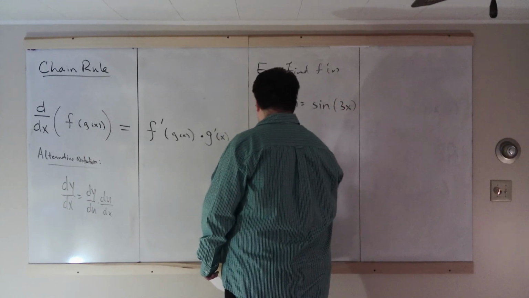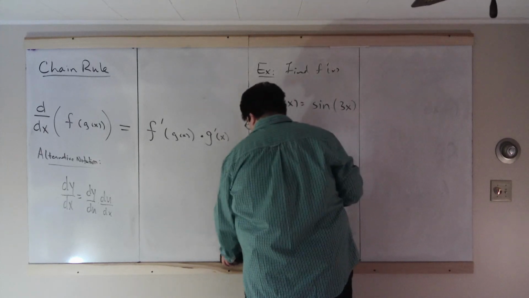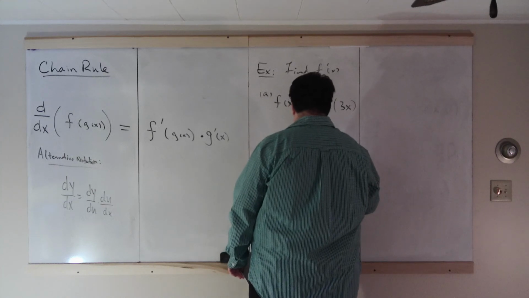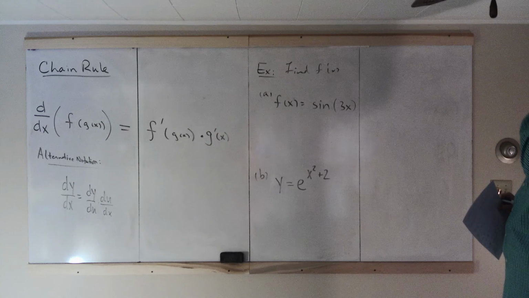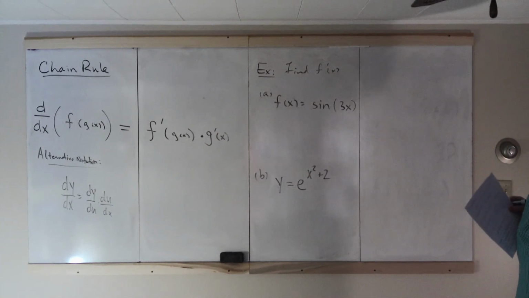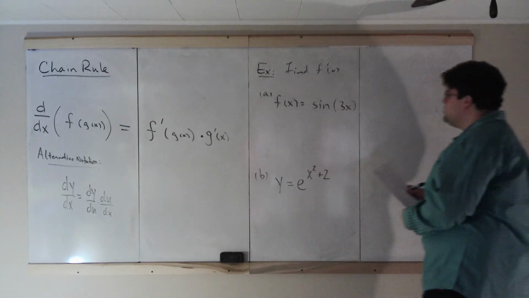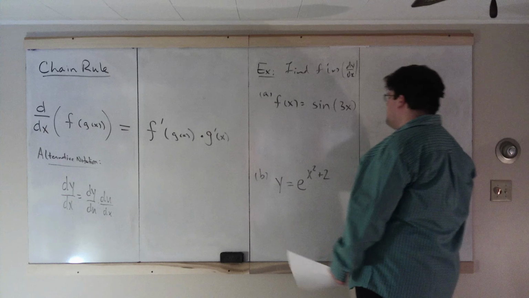B: so in the first one I'm going to use the first notation, I guess, and in the second one I'll use the second notation. So A, f of x equals sine of 3x. B, y equals e to the x squared plus 2. So find f prime of x or dy/dx.